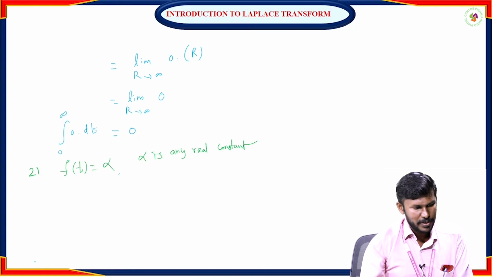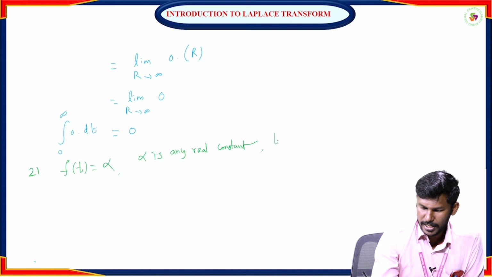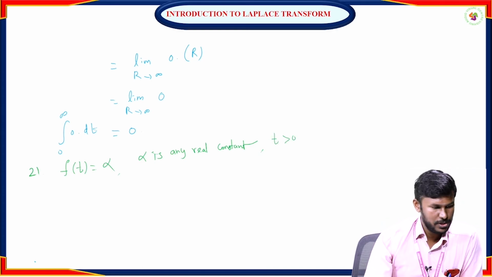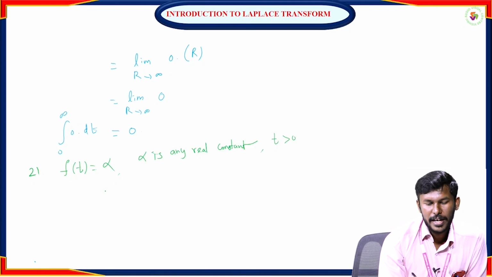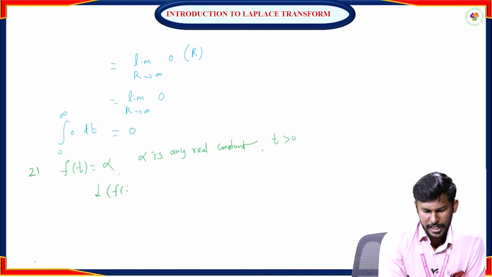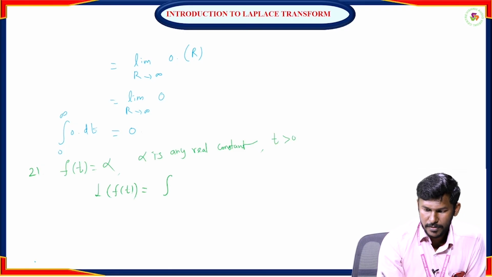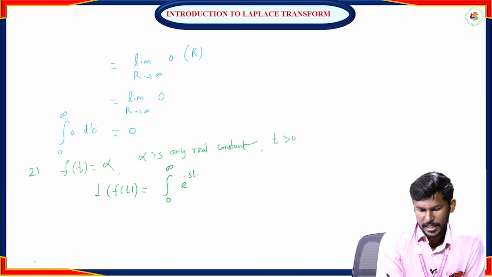Simple thing, and also given that t is positive. So how to find my Laplace transform? Laplace transform of f of t is equal to integral, my t is from 0 to infinity, e power minus st into alpha into dt.